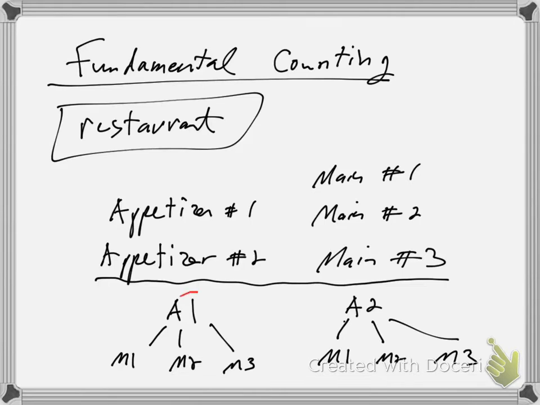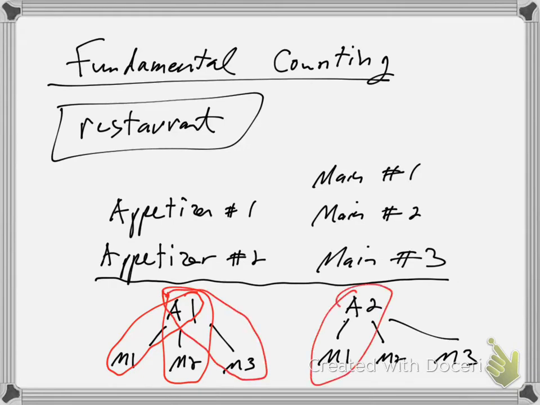This is choice 1, which would be appetizer 1 with main meal 1. This is choice 2. This is combination 3. This is choice 4, 5, and 6. So those are all the combinations of one of the two appetizers and one of the main meals. How many of them are there? 6.